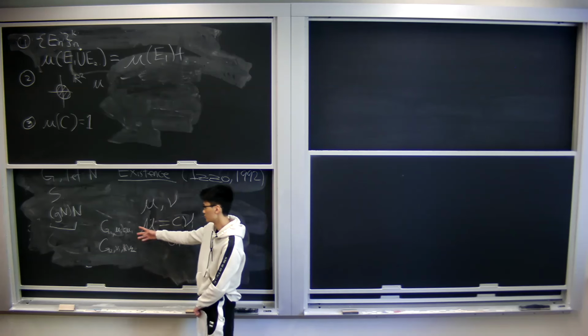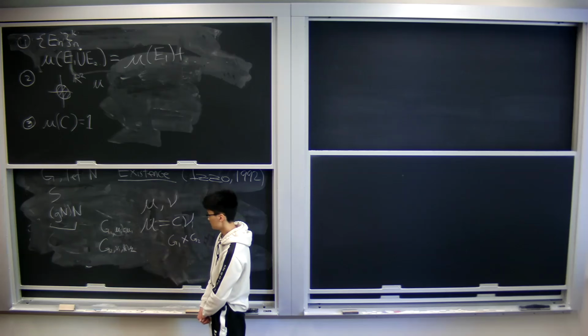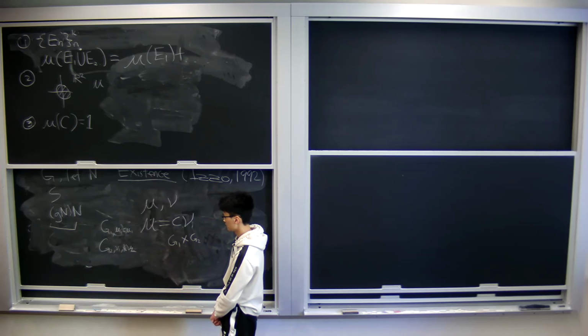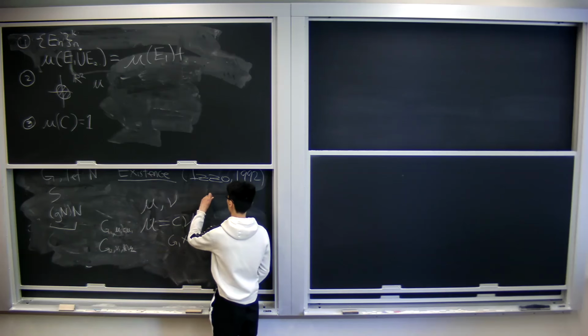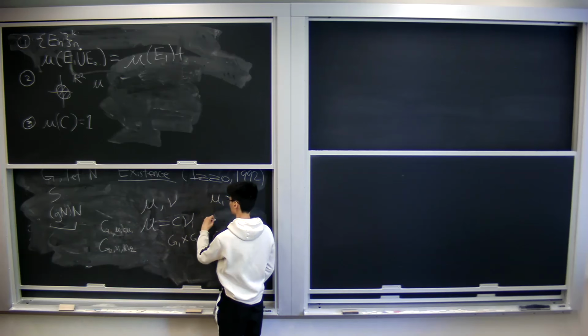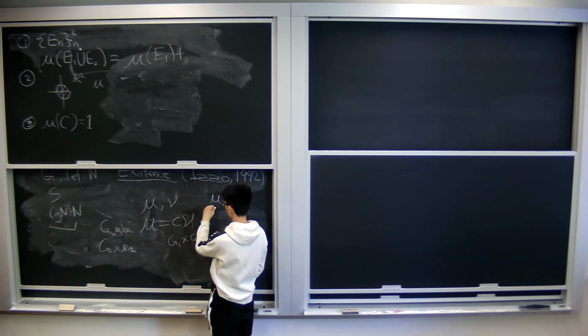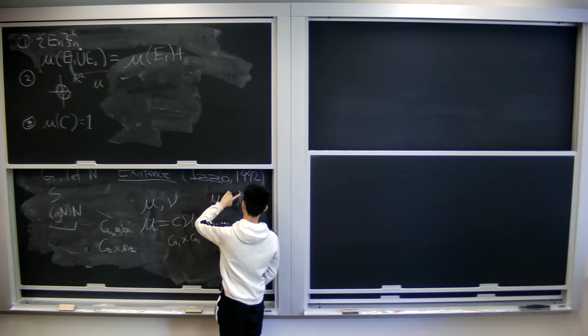Okay, this is group one, group two. You've got two measures on mu1, mu1 and mu2, and then two measures on mu2, mu1 and mu2. And the question is, you look at mu1 cross mu1 and compare it with mu2 cross mu2.